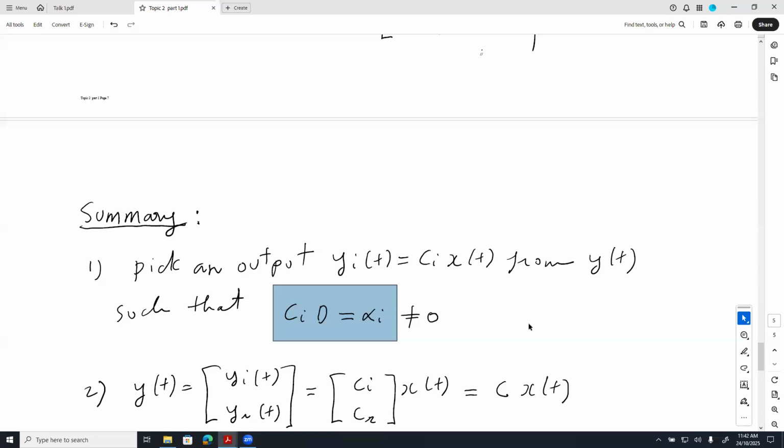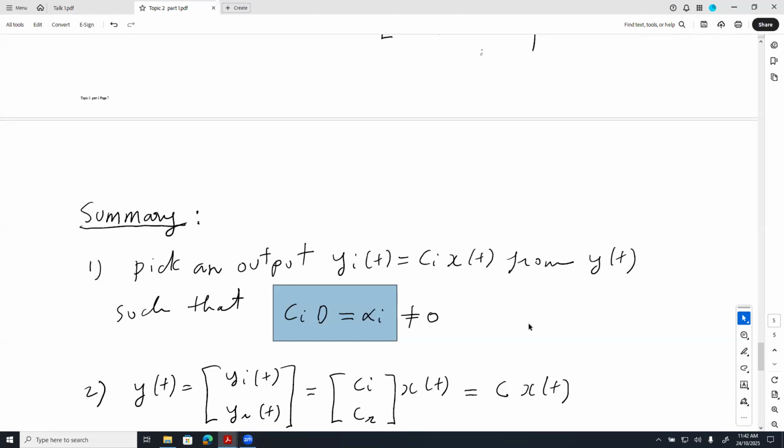Now, if we have more than one output, then we have more choices. We can pick whichever output that we like to take the first derivative. And that can be for practical considerations and so on.